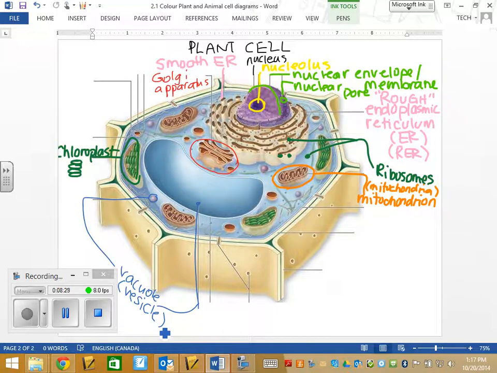The difference between them, and why one is so big, is that the huge one is called the central vacuole, and it's for water. And we'll talk about how this central vacuole helps a plant out in a little bit. But plants will always have this really big vacuole in the center that's holding water. They can also have other smaller vacuoles all around, and that's because the vacuole's job is to hold things or store things.